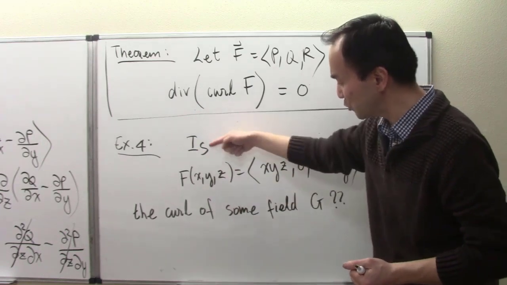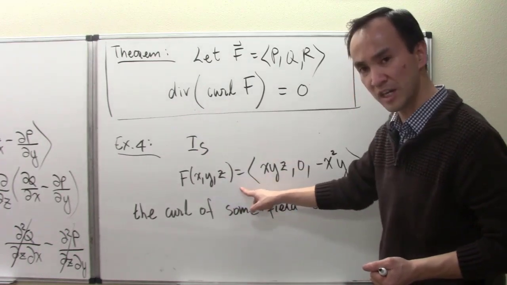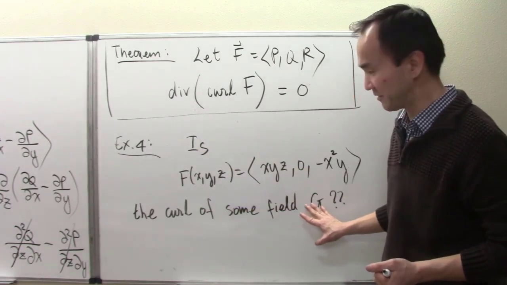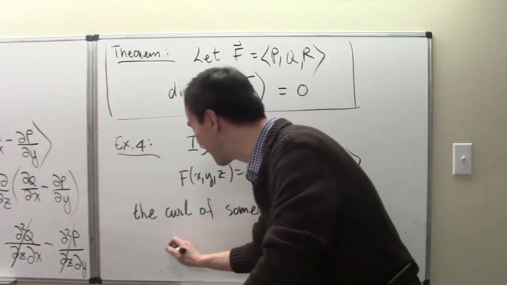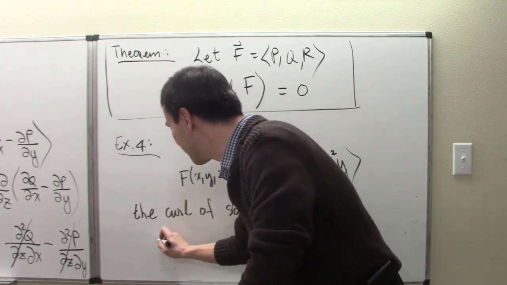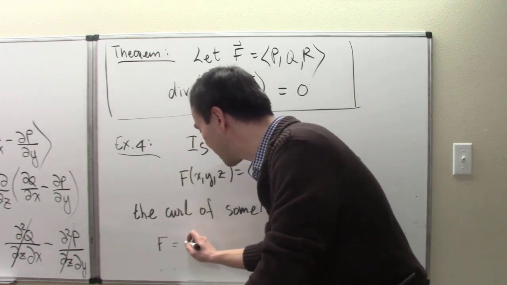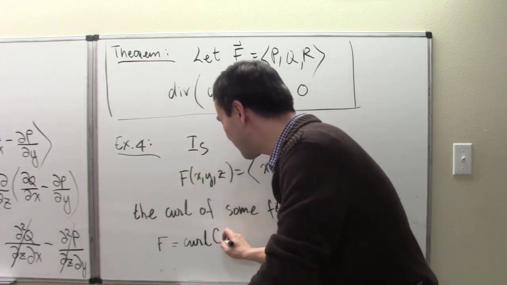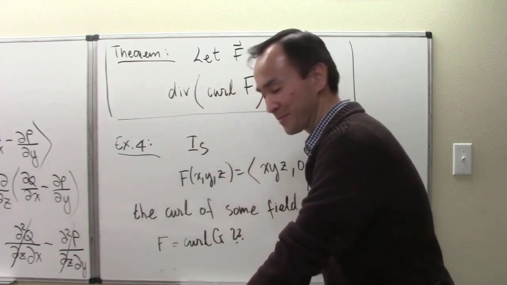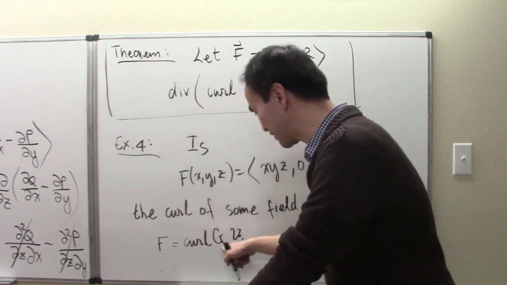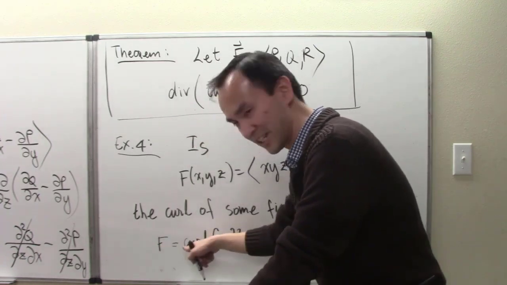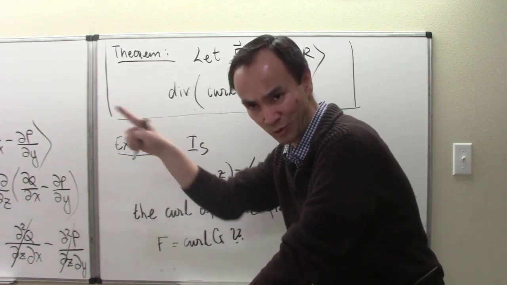Remember, we are trying to see if F can be the curl of some G. If it is the curl of some vector field G, then taking the divergence on that is going to have to come out 0, and that's what we are doing here.